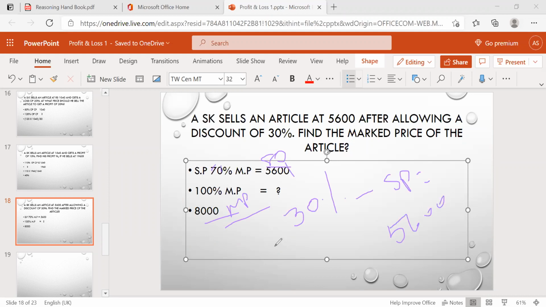What's the discount amount? How are we going to find out the discount amount?